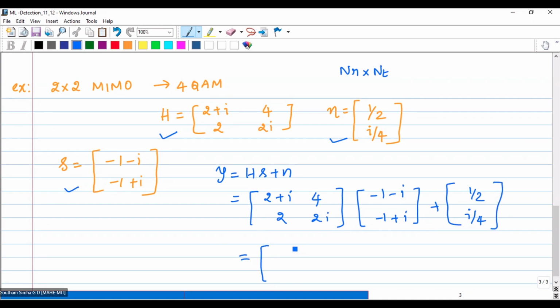I'll get something like minus 4.5 plus I minus 4 minus 3.7. This is my S symbol vector that has been radiated from two antennas. This is the Y I am going to get.